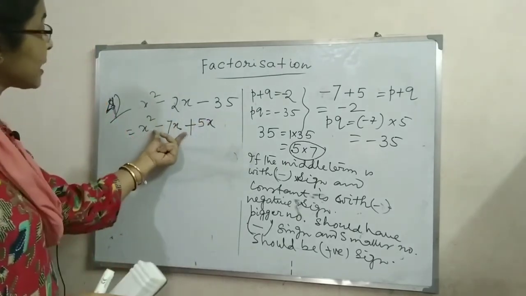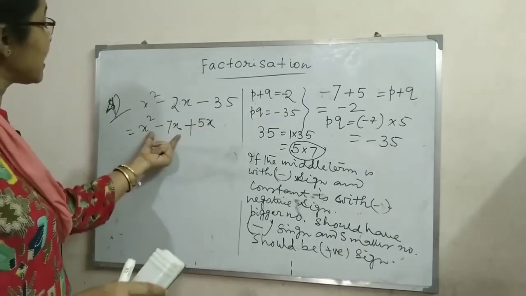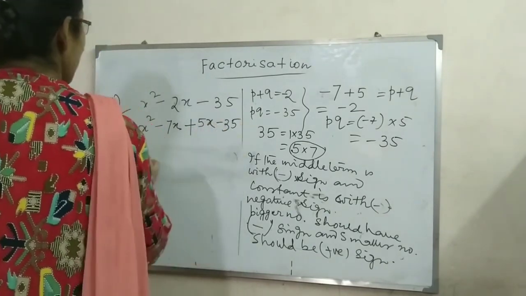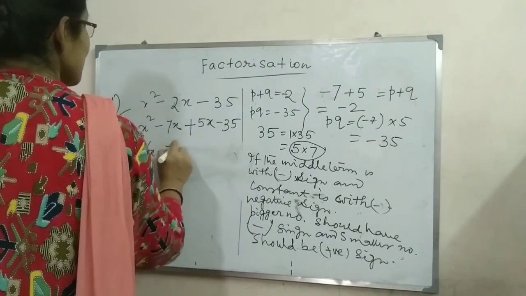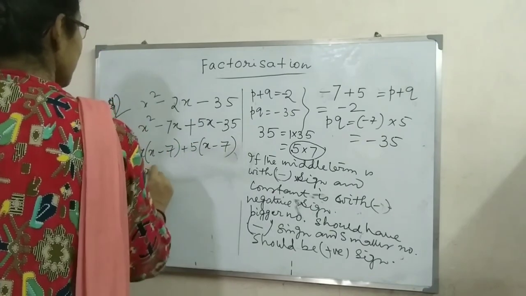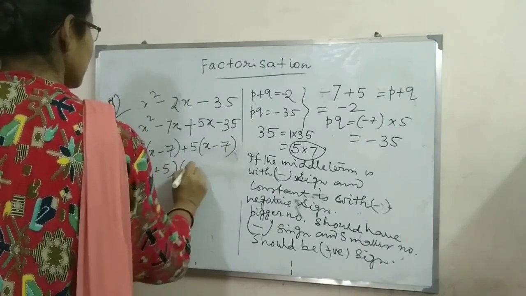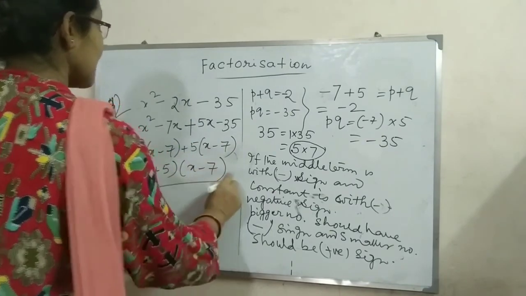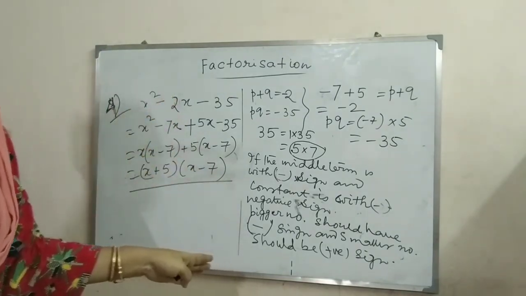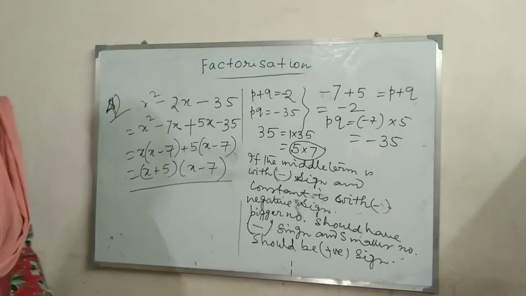Bigger number with negative sign, smaller number with positive sign. I can write it in this way. These are the 4 types of factorization. I am ending here.